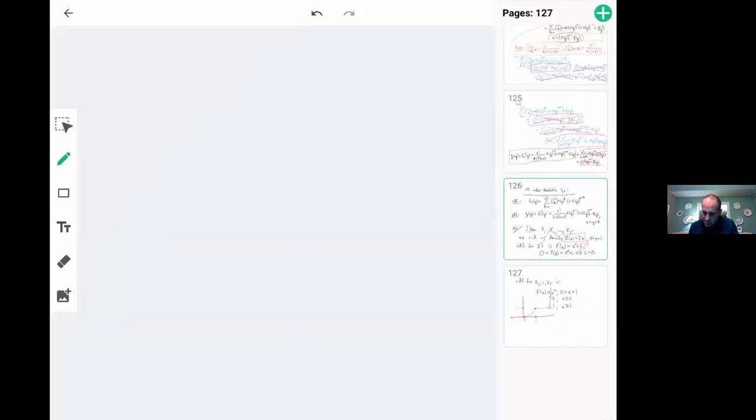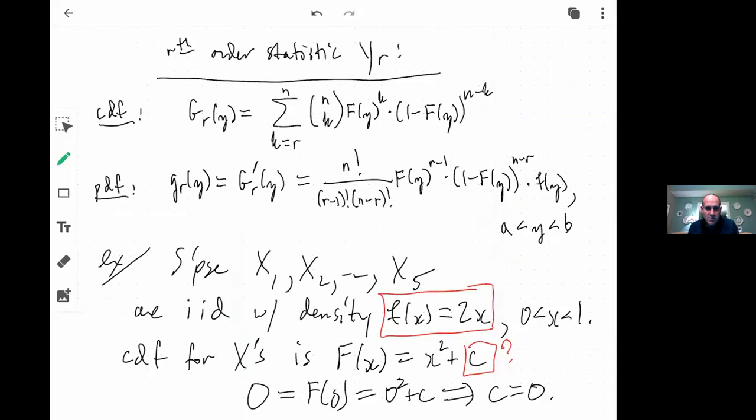All right, so we have that. Now remember, we have our formula for the densities: n factorial over r minus 1 factorial, n minus r factorial.